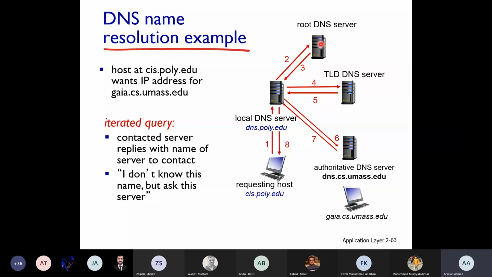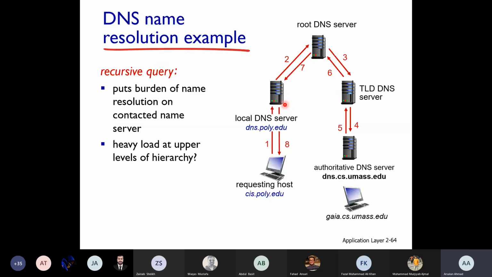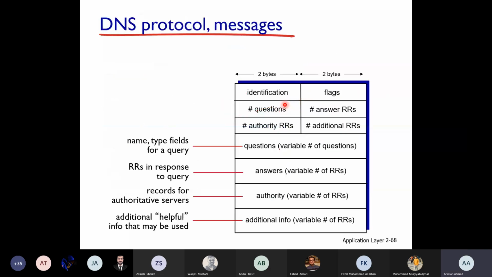So the preferred method is this one, the iterative query. And the recursion has to be asked for. So the local DNS server requests recursion from the root. There is a bit mentioned here.